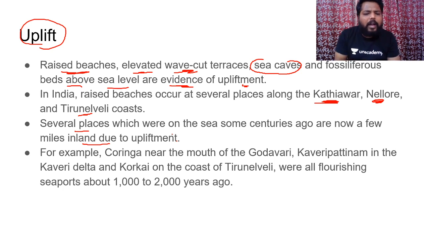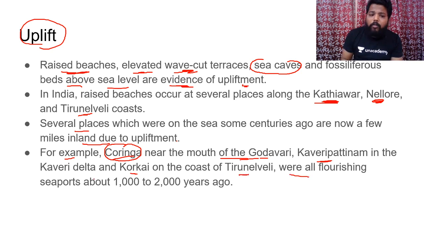In the continental region, we can't easily observe the upliftment of continent, but in the coastal region, we can observe it very clearly. For example, the Koringa bird sanctuary, which is present at the mouth of the Godavari river, that Koringa region and Kaveri Patnam in the Kaveri Delta region and Korakai region on the coast of Tirunelveli, were all flourishing seaports about 1000 to 2000 years ago.